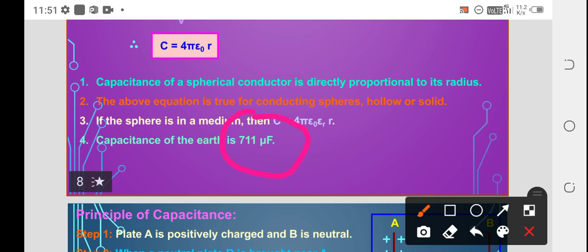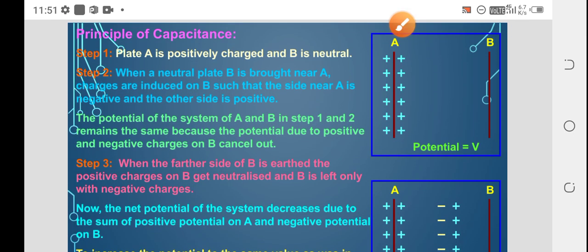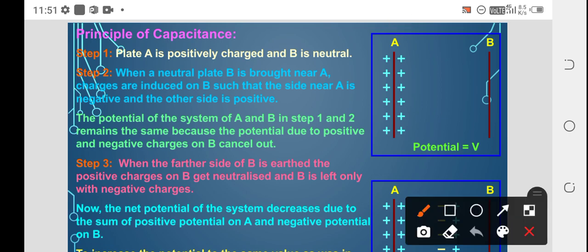Next is the principle of capacitance. Step one, you can see the figure: plate A and plate B. Plate A is positively charged, plate B is neutral.